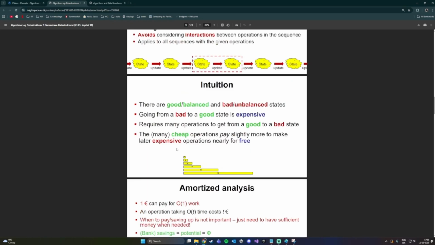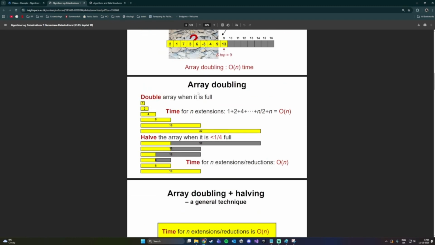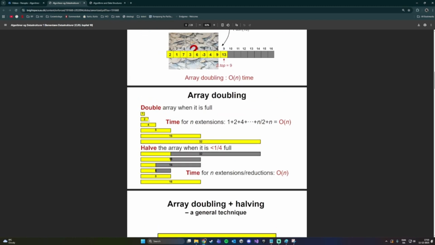So the example given is when you have a list, and then you have to double the size of the list when you fill it up, and then if it starts to become empty, you can halve the amount of memory that's allocated. So the important part to note here is that there are some cheap operations like inserting and removing, which are constant time.